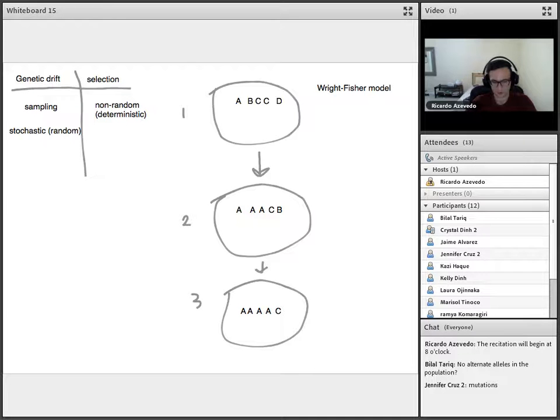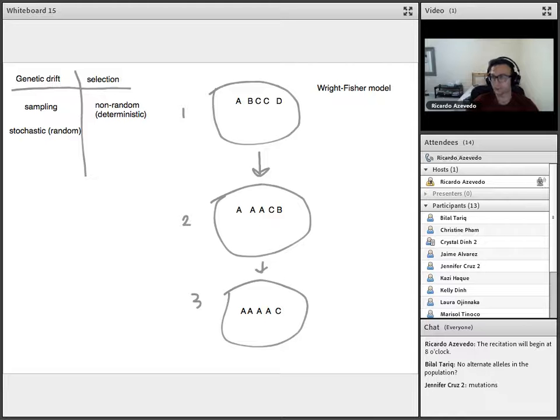What we're interested in is the way different alleles change in frequency when they are neutral and when they are beneficial or deleterious. A neutral allele, of course, has no fitness consequence.